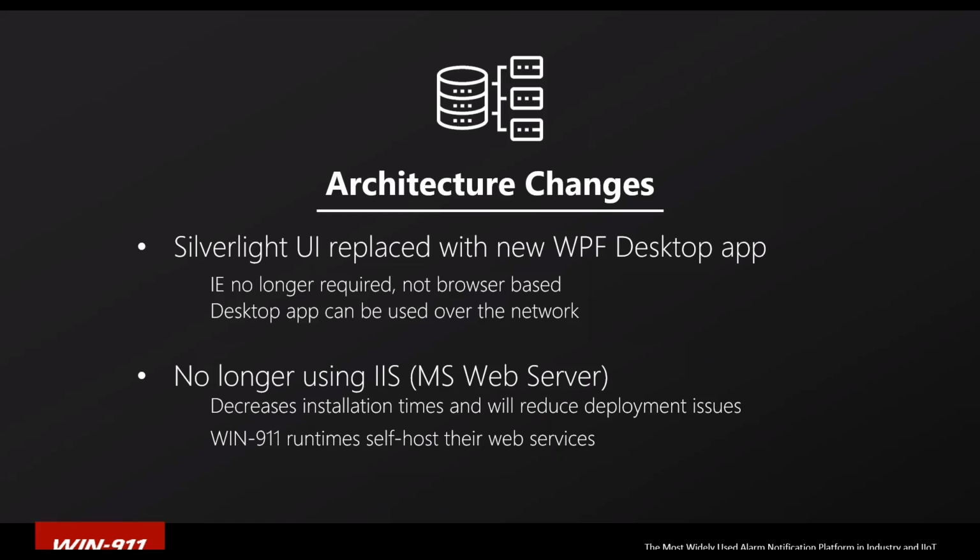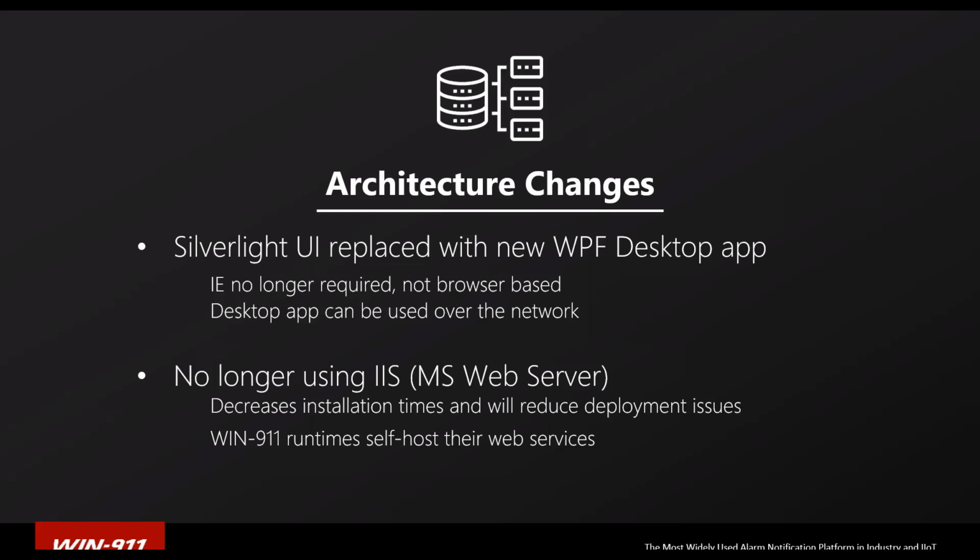It also decreases our resource usage on the machine, almost, and in some cases more than, half, and that has been a welcome change. So if you had used WIN-911 in the past and saw that it was using up a lot of system resources, that issue has gone away with this release.